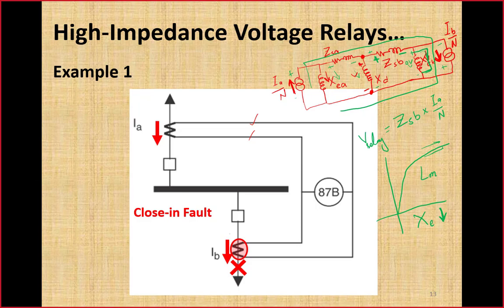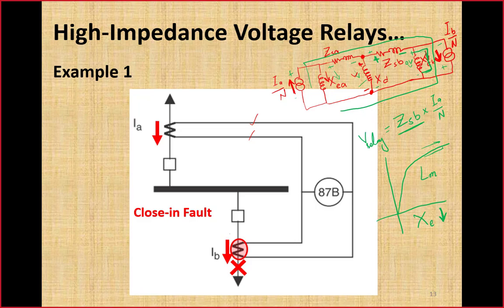So in the ideal situation, no voltage will appear. V relay will be equal to 0 for close in external fault. But in case of complete CT saturation, this much voltage, Z series into IA over N, would appear across the relay. Now remember, this impedance Z series is much smaller as compared to the impedance of this high impedance voltage branch or the excitation impedance.